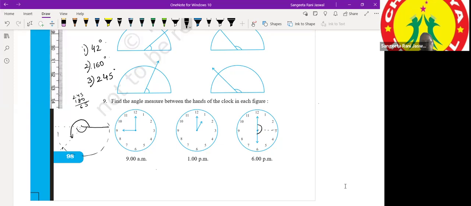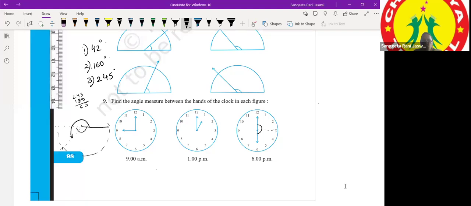Okay, let's see question number 9 now. Find the angle measured between the hands of the clock in each figure. Now see, you all have seen when the clock is showing 9 o'clock, it's always 90 degrees. Yes, you all know this? Okay.